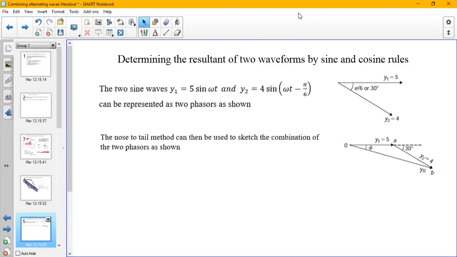I'm going to stop the share of that and share a whiteboard. Right, we've got this triangle.